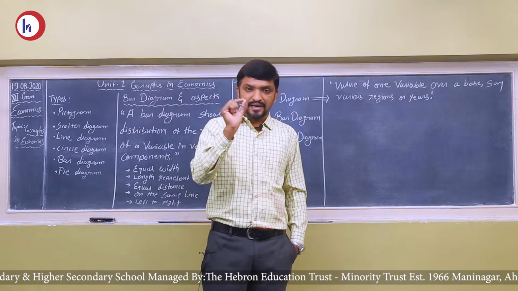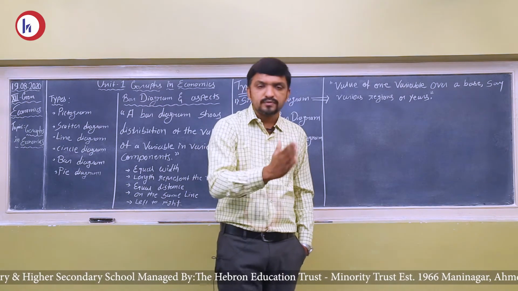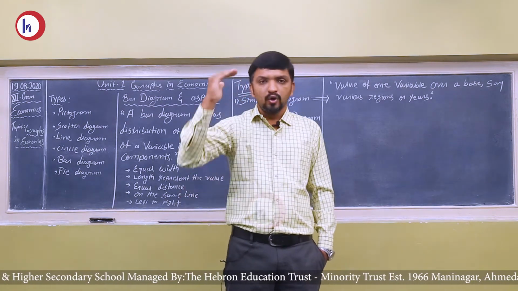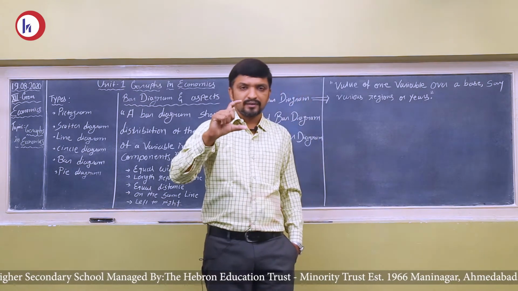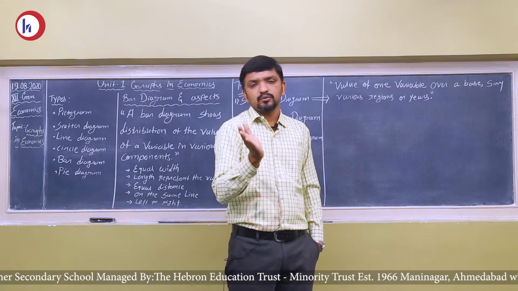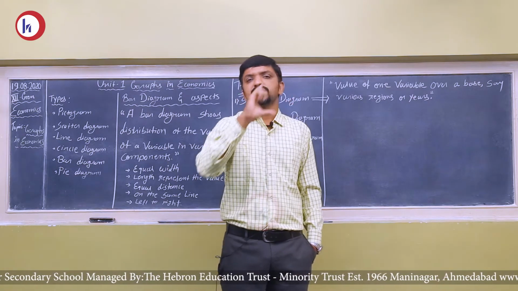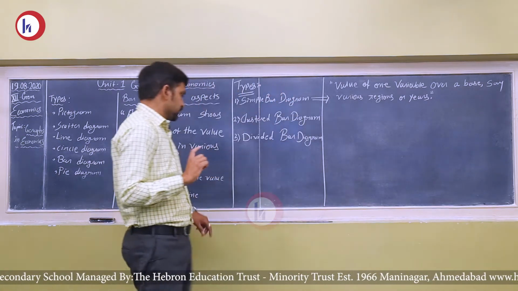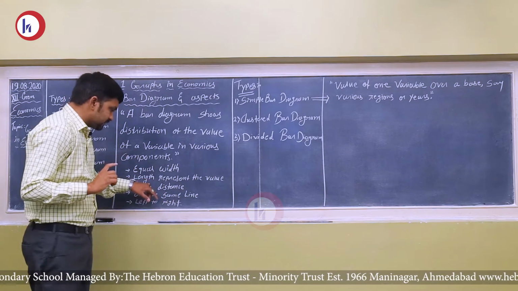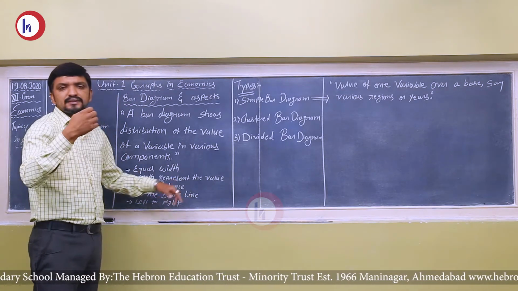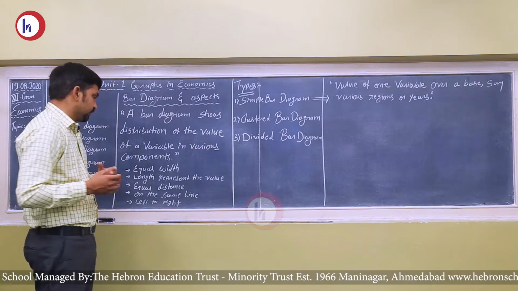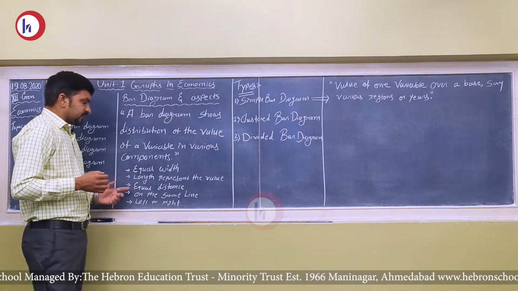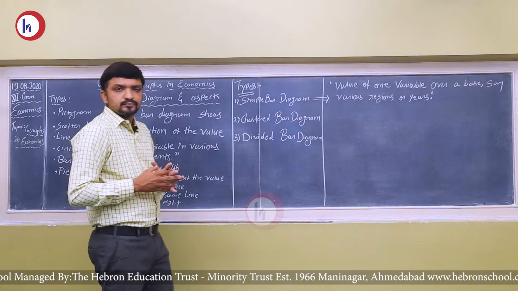I mean, the bars are drawn in accordance with the given value. Lower the value, lower will be the height of the bar. Higher the value, more will be the height of that bar. So, number 2 is length represents the value.